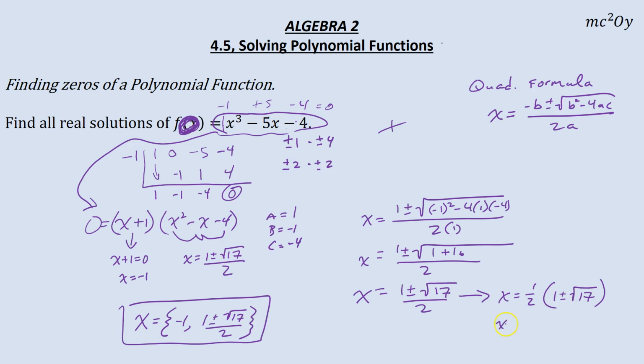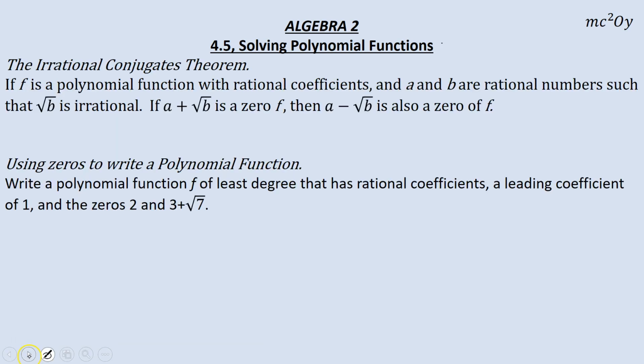So it's just saying, well, if I know that 1 plus root 17 is a solution, then I also would know that 1 minus root 17 is a solution. Okay, and notice that that's true. These are both solutions. I got the 1/2 because I got rid of that divide by 2. So rather than divide by 2, I multiply by half. But that's true there. That's what the irrational conjugates theorem is saying.